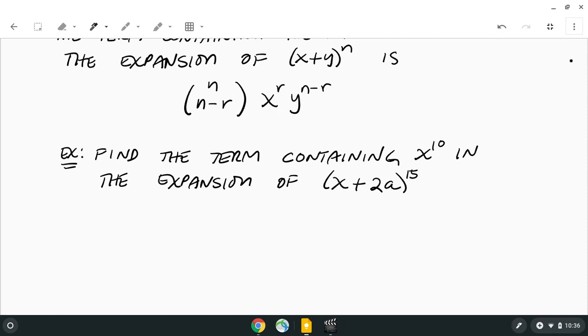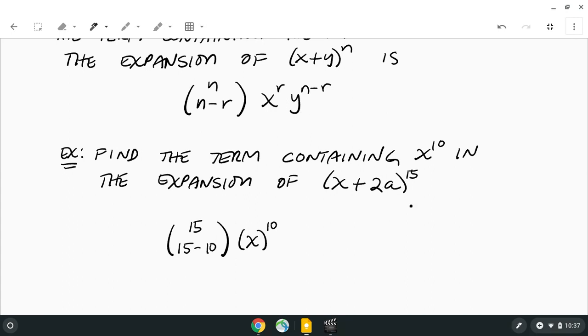So we're going to use n, so that's 15, and then n minus r. And then again, here, this represents the first term, whatever the first term is. In this case, it happens to be x as well. Raised to the r. R is the smaller one. And then y, again, y represents the second term.